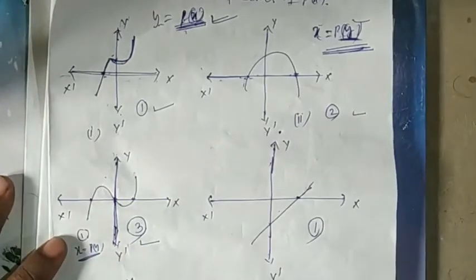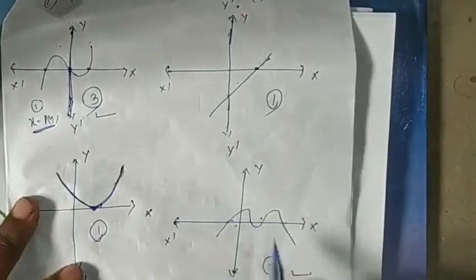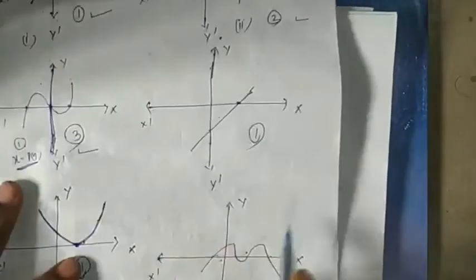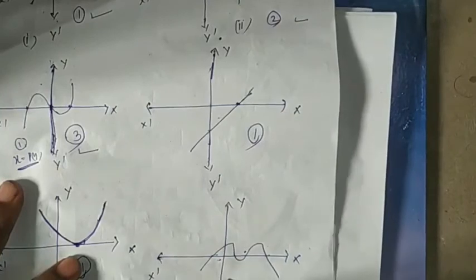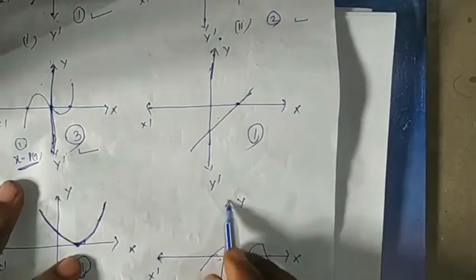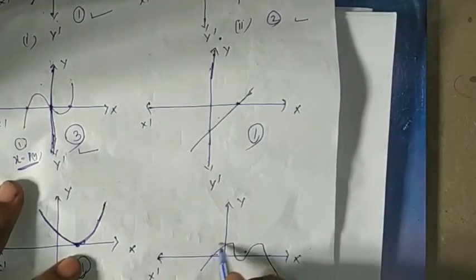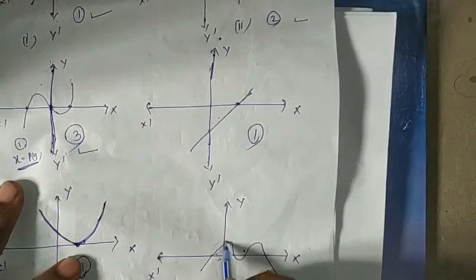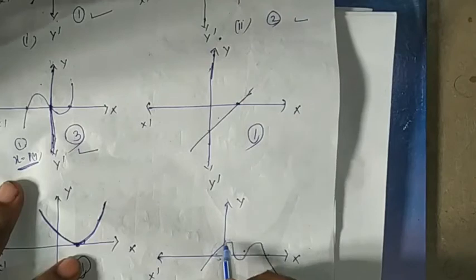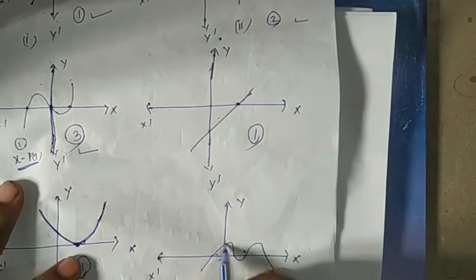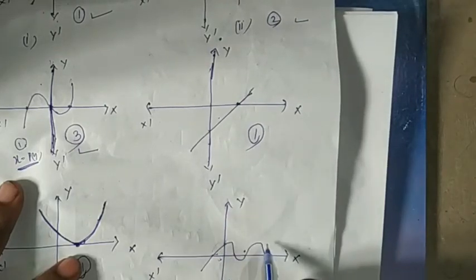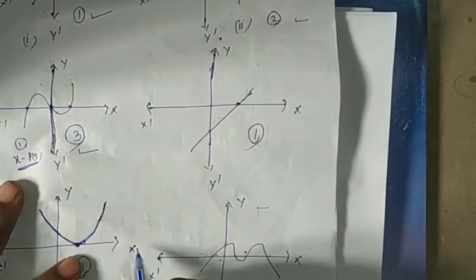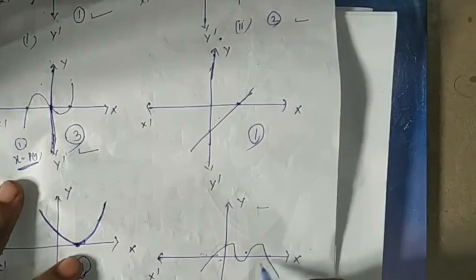Understood? Similarly, here the number of zeros is 4 if the polynomial is in terms of x. If the polynomial is in terms of y, you have to see the y-intercept. The graph intersects the y-axis at only one point, so the number of zeros will be 1 for this graph if the polynomial is in terms of y. Understood?